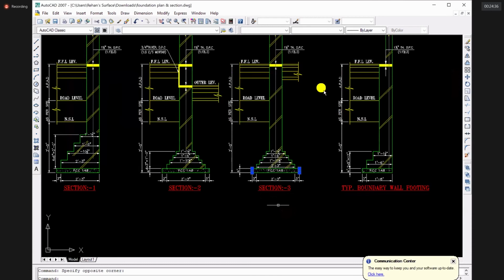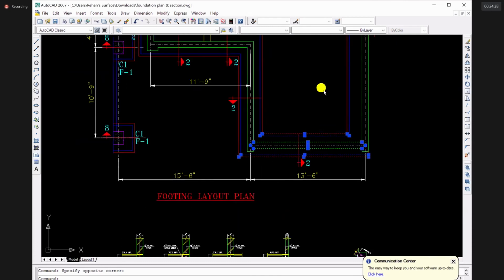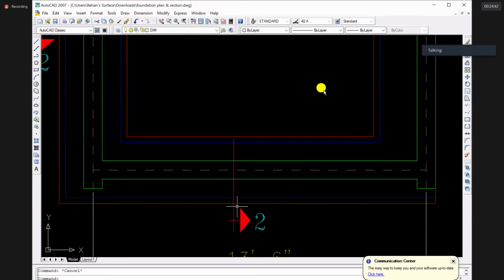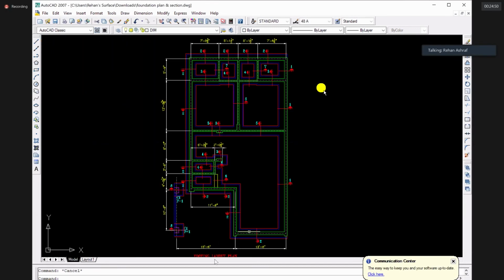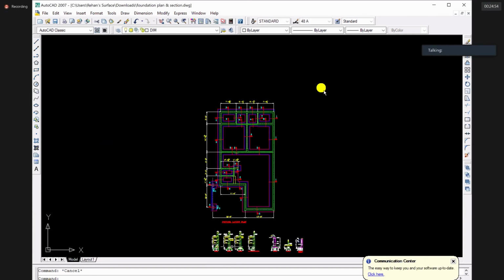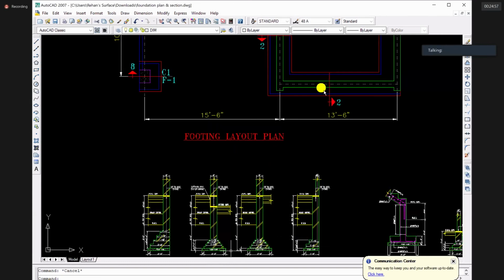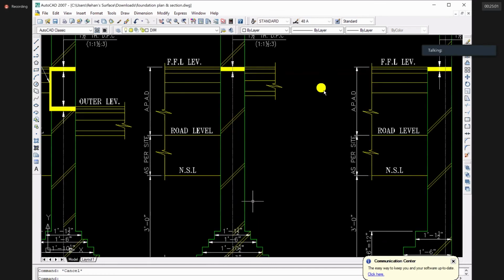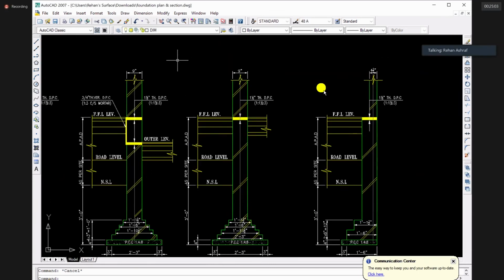Then for different types of walls, you are going to mark section. I'm going to tell you what are different types of walls. First of all, let us see this section.